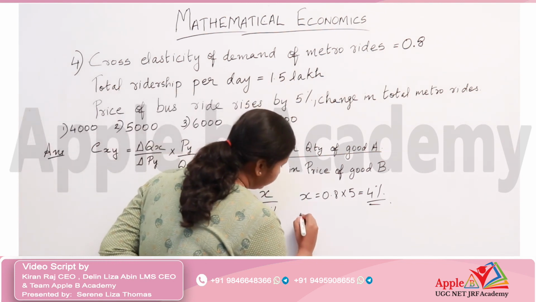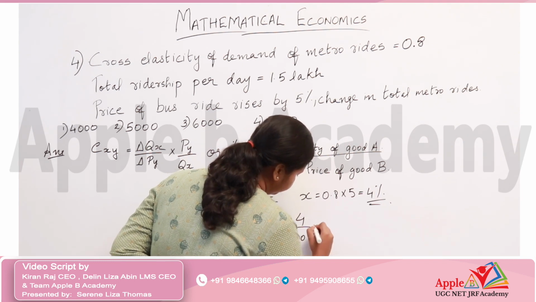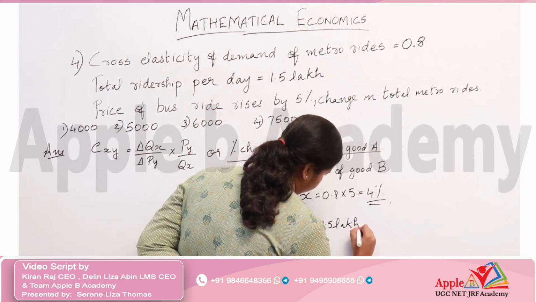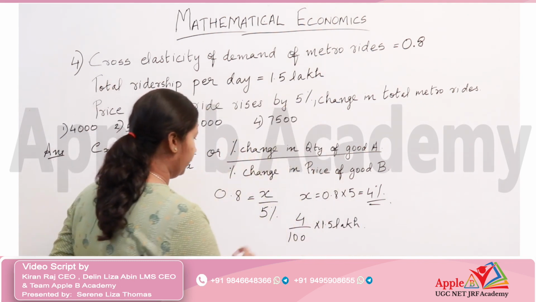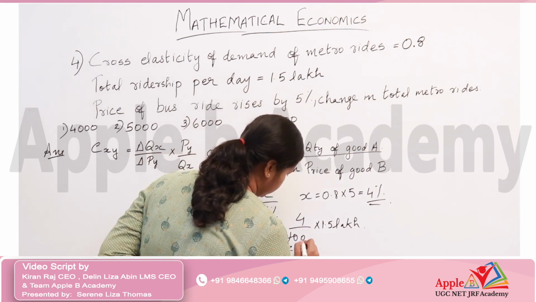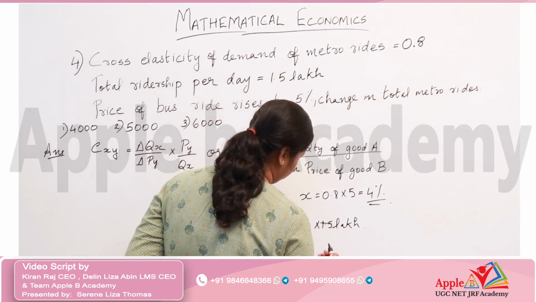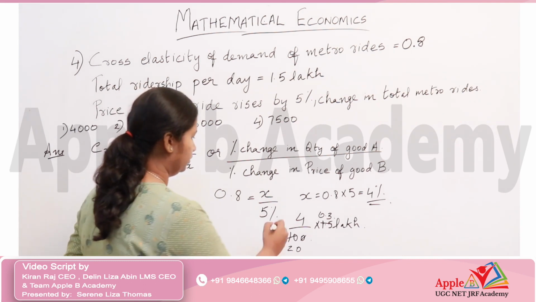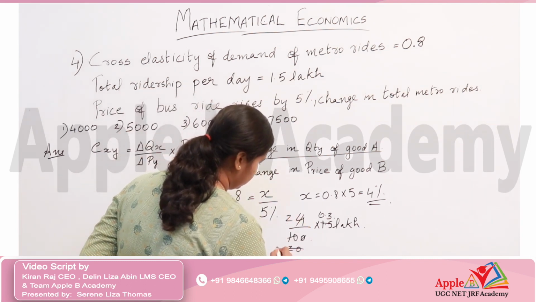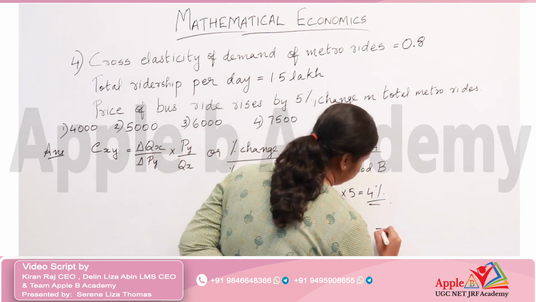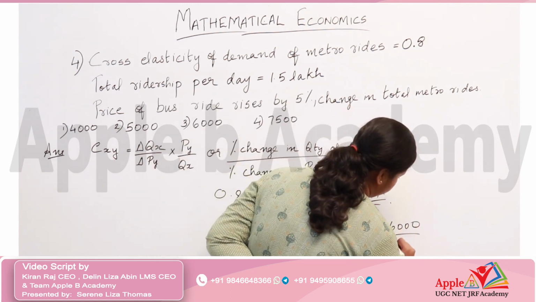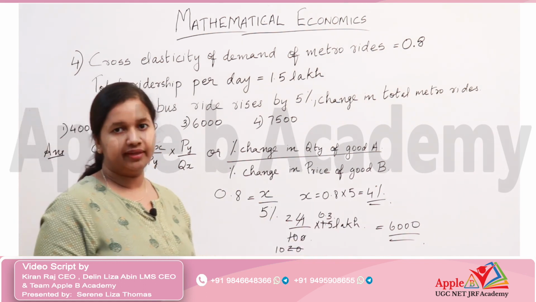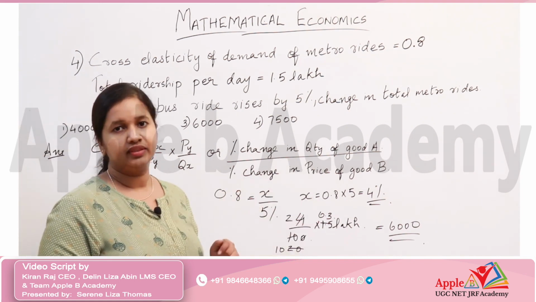So, 4 by 100 into 1.5 lakh, when you solve this you get 6,000.